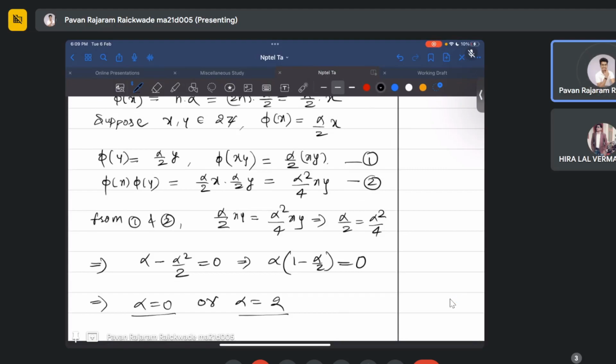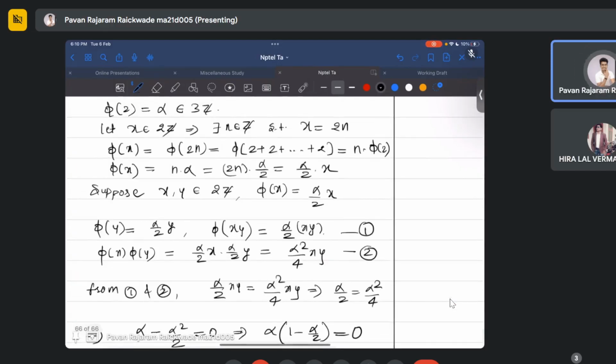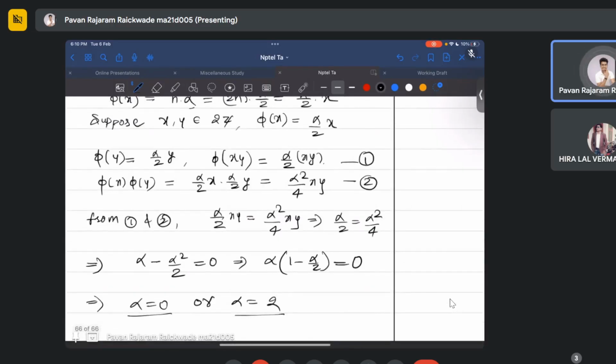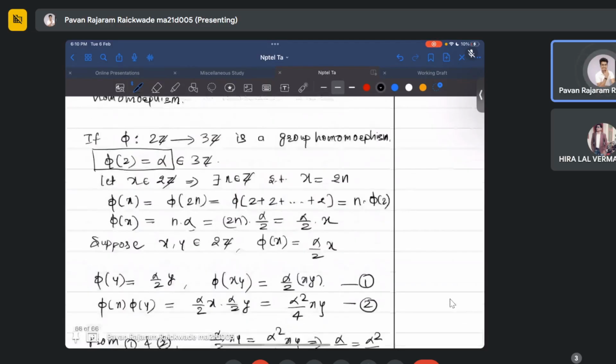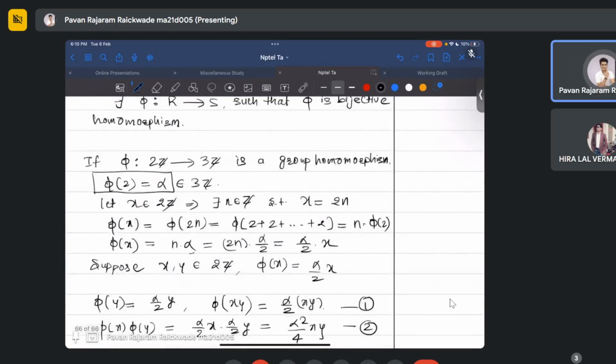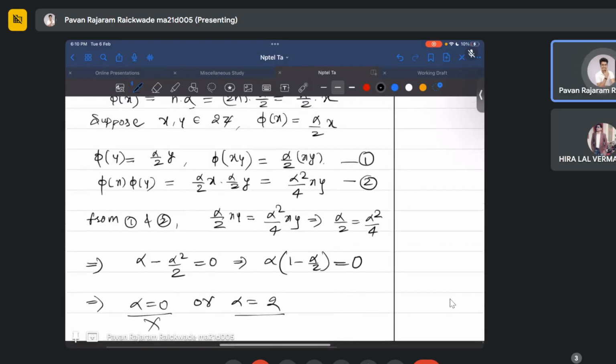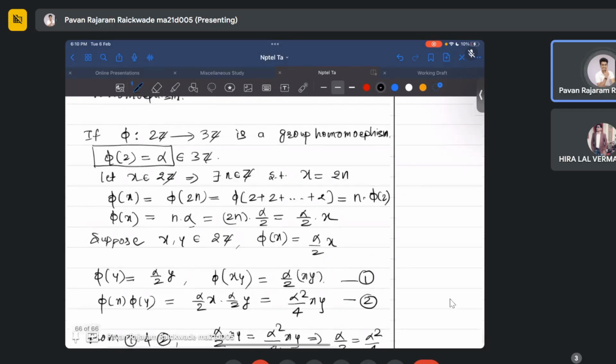These are the only cases. Now, alpha was the image of 2, and the choices for alpha are 0 or 2. If I put alpha equals 0, then phi is just the zero mapping, which is no longer an isomorphism, because we want phi to be a bijective map. So alpha cannot be 0. But if alpha is 2, you are no longer in 3Z, which is also not possible because you are giving a map from 2Z to 3Z.